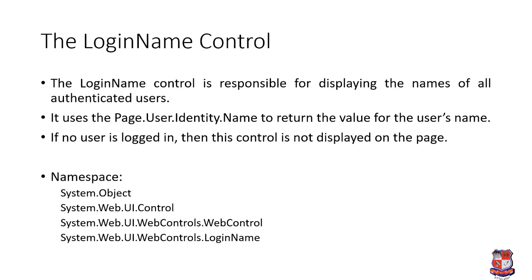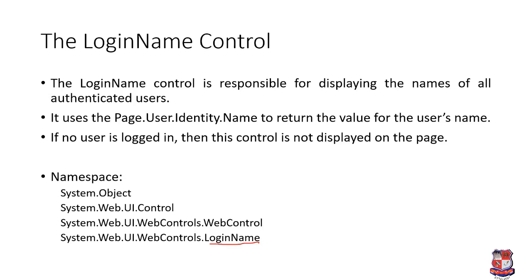The namespace hierarchy for the login name control is System.Object, System.Web.UI.Control, System.Web.UI.WebControls.WebControl, and System.Web.UI.WebControls.LoginName. The LoginName class does not contain any methods, properties, or events that are not inherited from any other class, such as the Control class.